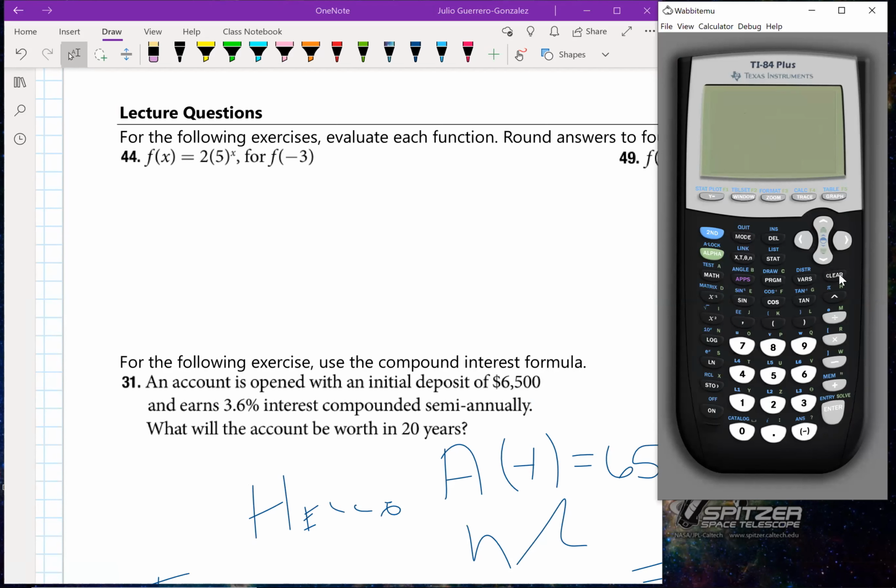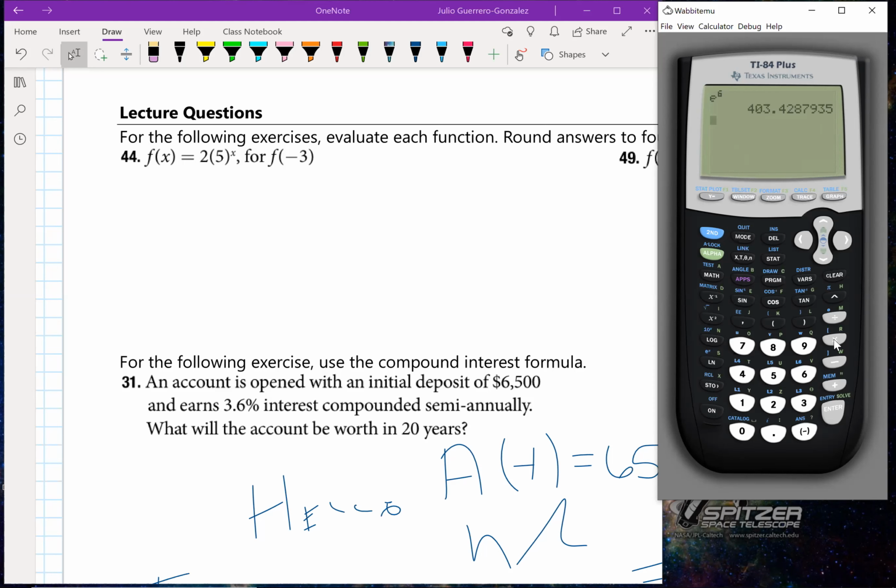So I just found the E to the 6 part first. So second, see that blue E right there? Yeah, that's the thing you need. Since it's blue, we need to hit the blue button first and then hit my LN. Now see how it gave me an exponential right there? You put the 6 up on top, and then you press enter, gives you the value.